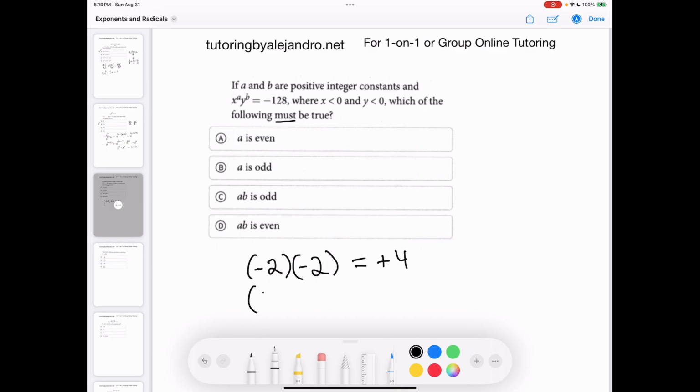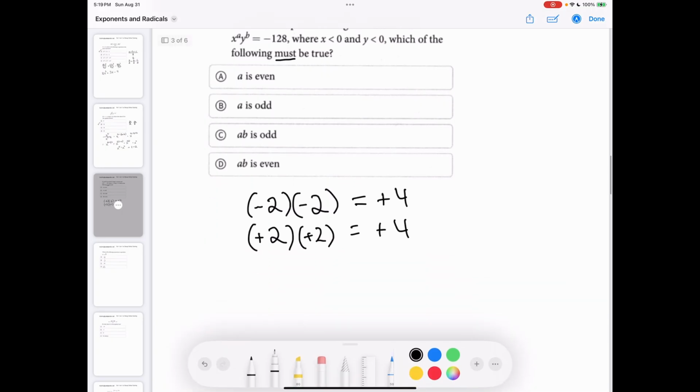If you have positive 2 times positive 2, that equals positive 4 as well, right? So if you're multiplying two numbers that have the same sign, you're going to get a positive outcome, right?